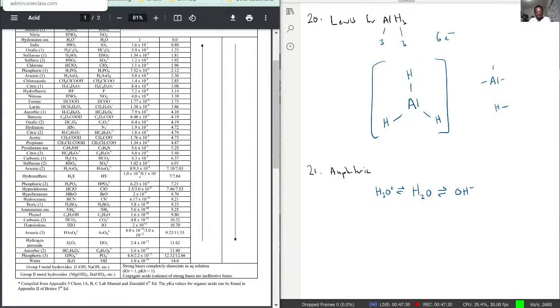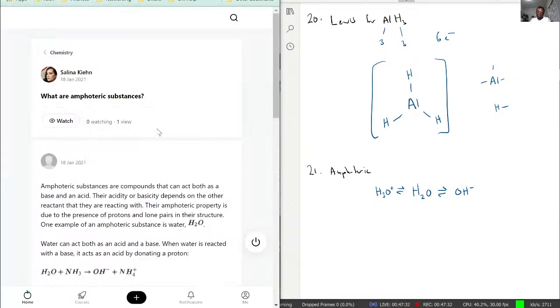Now, here's the really cool part: water is not the only one. Another example of amphoteric substances: think of substances that have a minimum of two hydrogens they can give away.